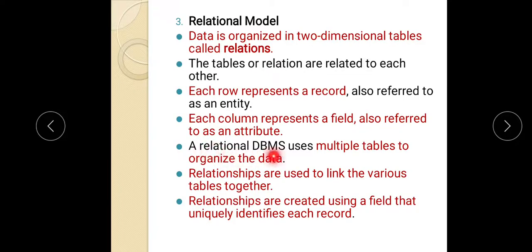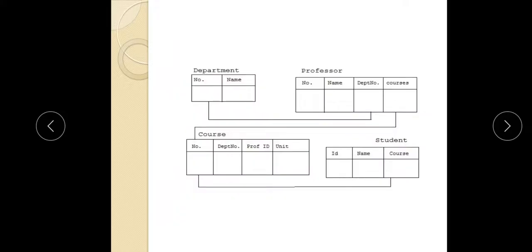A relational DBMS uses multiple tables to organize the data. The relational data model makes use of multiple tables to represent a database. This whole set of tables is a database.